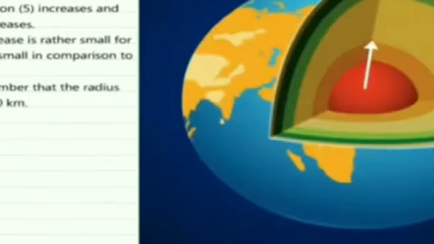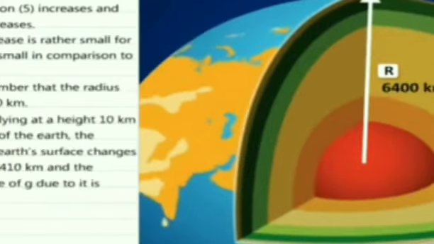For example, remember that the radius of the Earth is 6,400 kilometers. If an aeroplane is flying at a height 10 kilometers above the surface of the Earth, the distance from the Earth's center changes from 6,400 kilometers to 6,410 kilometers, and the change in the value of g due to it is negligible.